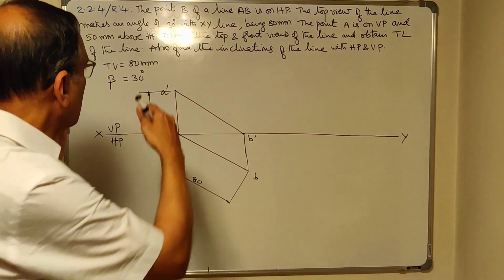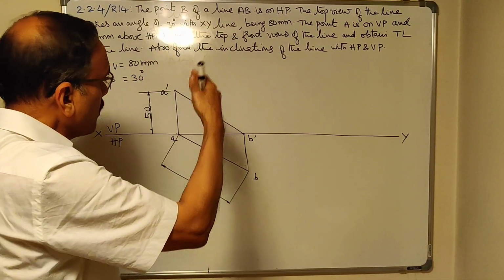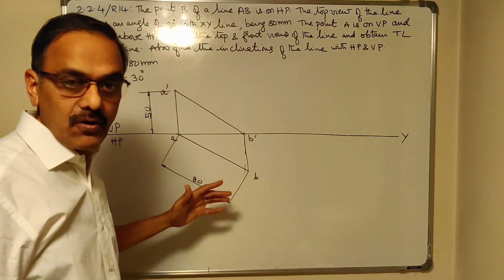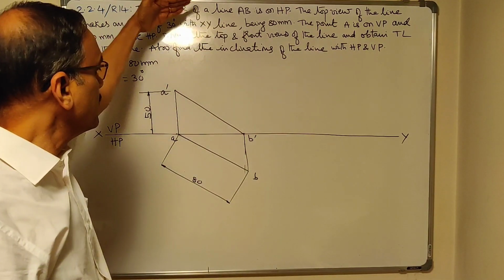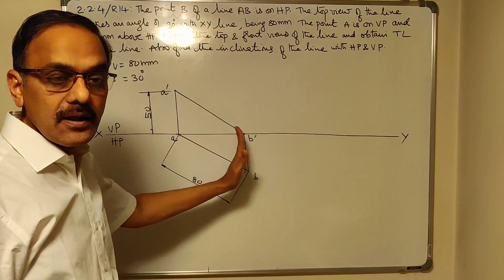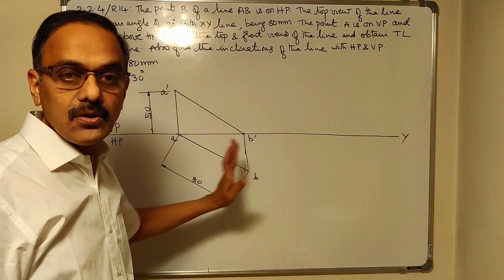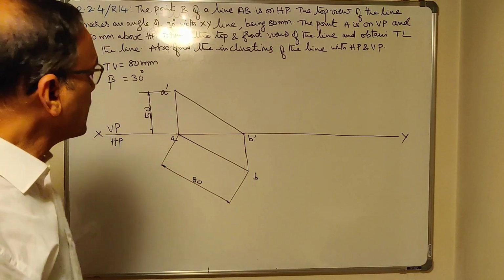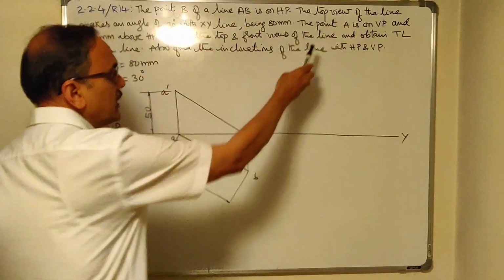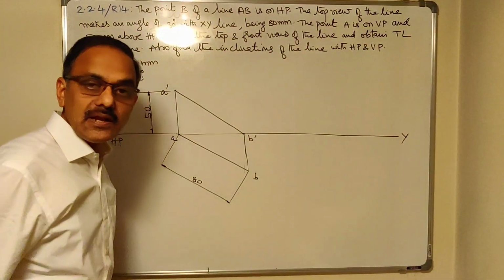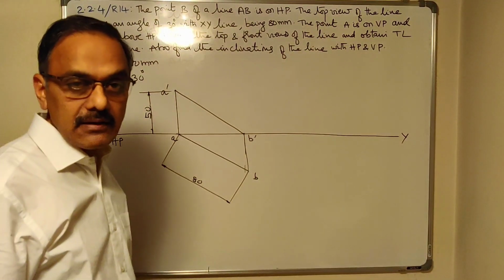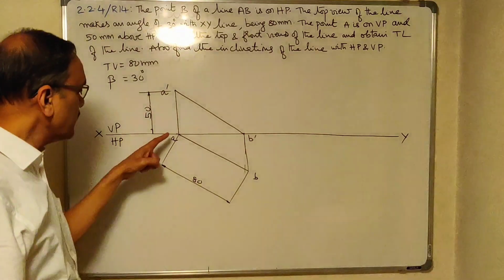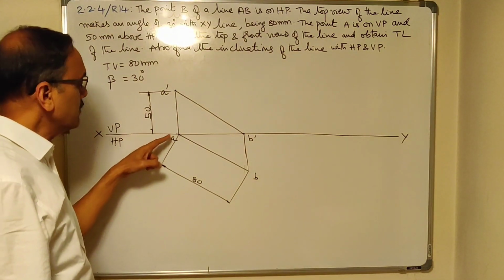The order of the problem is slightly different from what I have followed. Point B is on HP. I followed as the last step, to get the projections. I started by taking the point A on VP because you are given the length of the top view and its angle. So I started by taking the point A on VP.